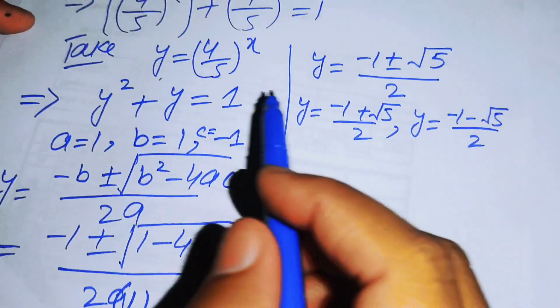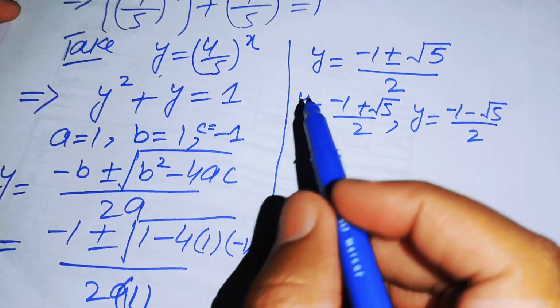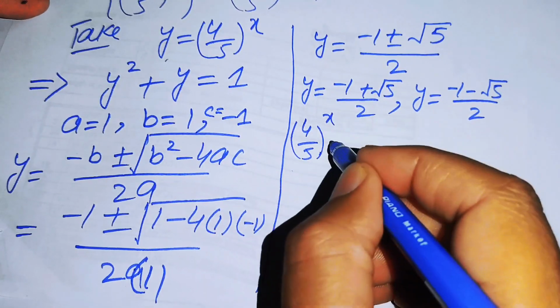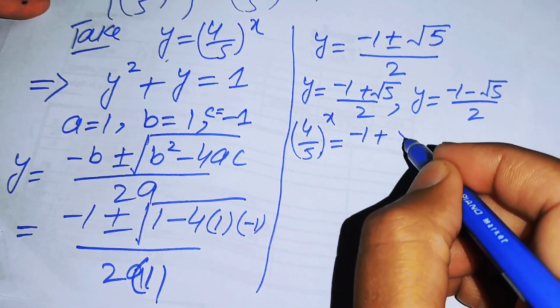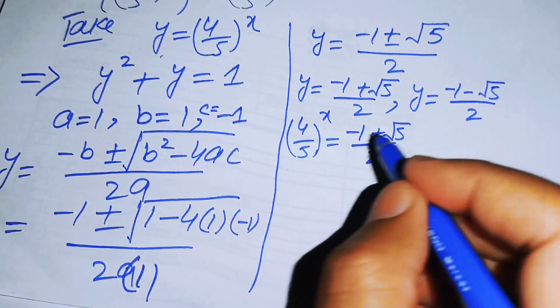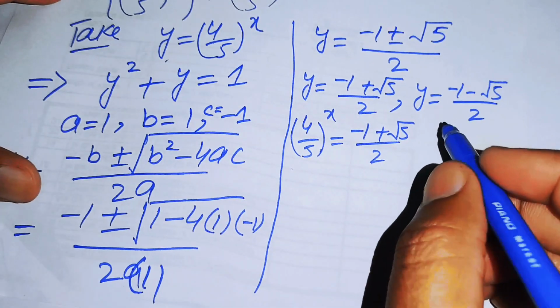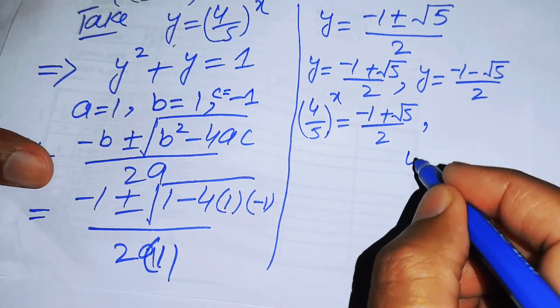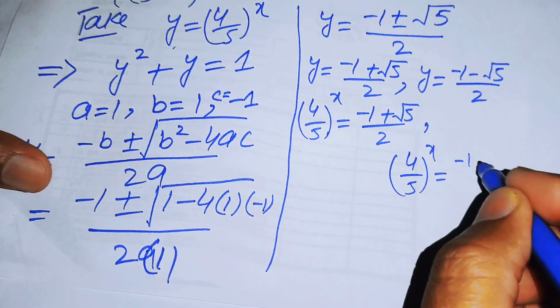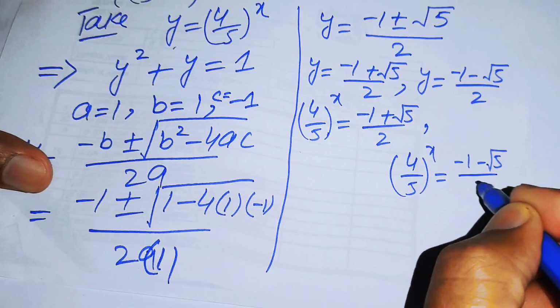Now we can back substitute the value of y, which is 4 over 5 to the power of x, and it becomes 4 over 5 to the power of x is equal to minus 1 plus square root 5 over 2. And for the other root, 4 over 5 to the power of x is equal to minus 1 minus square root 5 over 2.